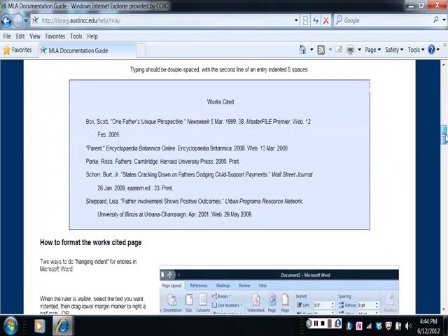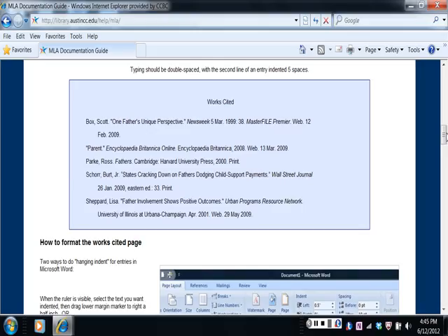The external citations appear on a works cited page. Now, first of all, how do you write the works cited page? The works cited page always has to be a separate page. So you can't start the works cited page on the bottom of your last page. You have to take a completely new page, and you have to write works cited in the middle, exactly as it appears here.